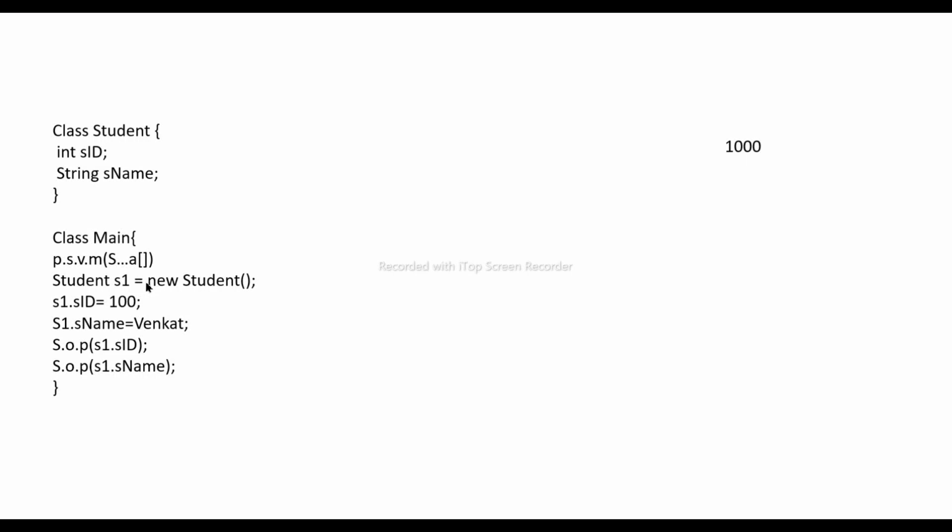Now what happens? The moment you tell new, the JVM gets activated. It understands that it has to create an object, and it searches for the type of the object that it has to create.